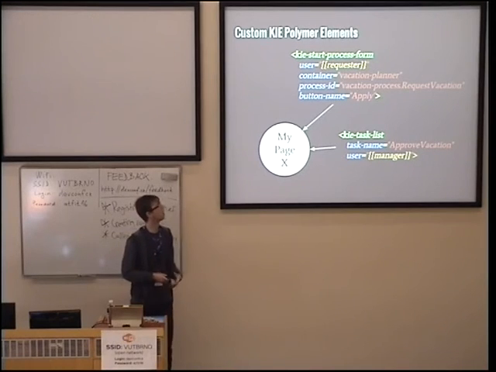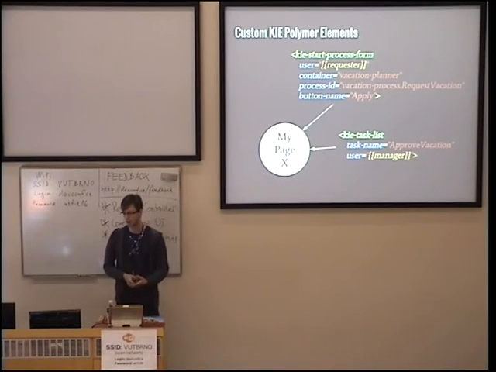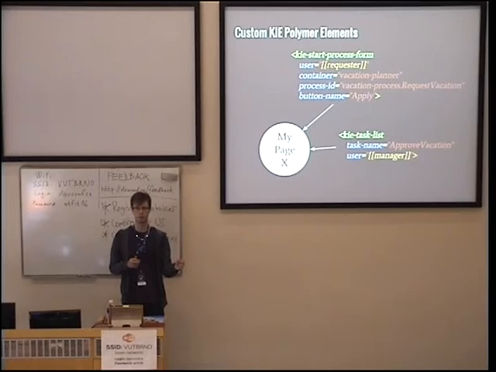And I also want to set the name of the button, so I put it there too. And this is the only definition we need to actually generate a form dynamically.